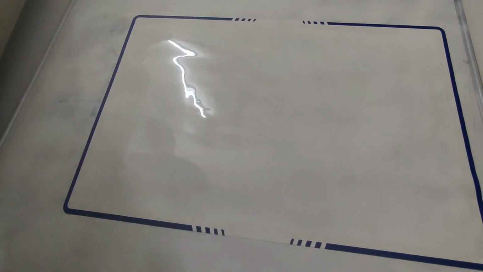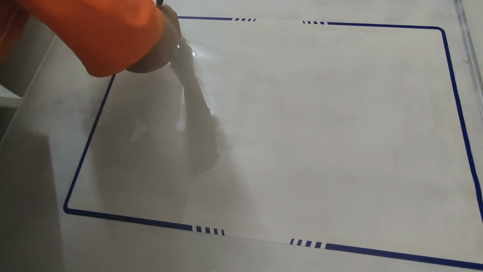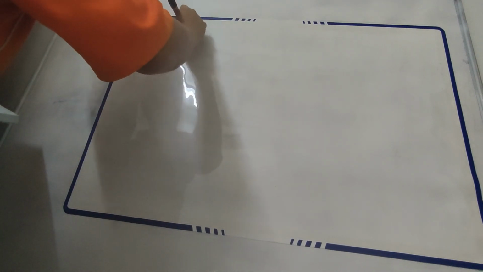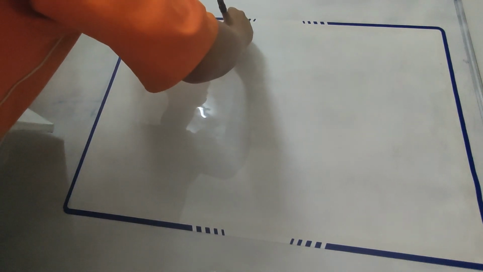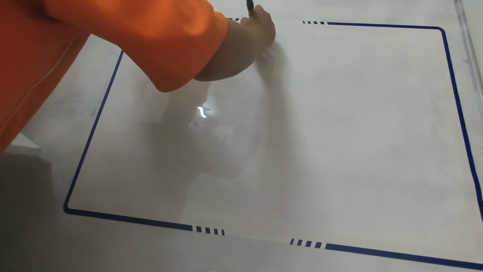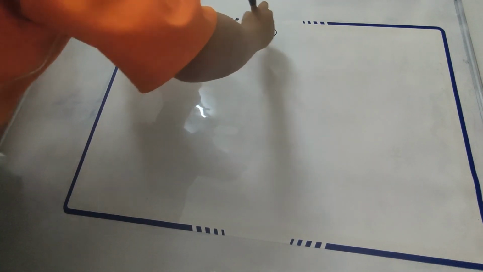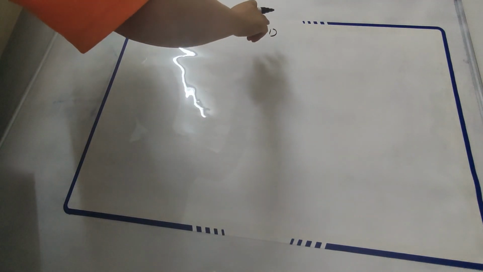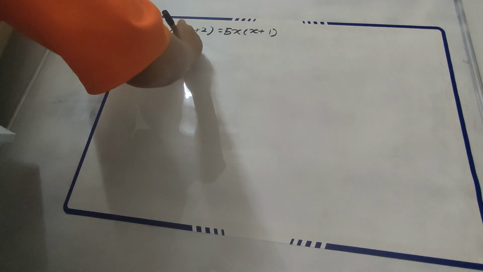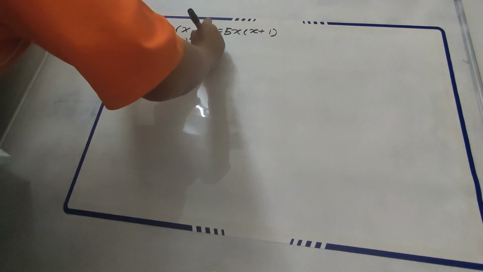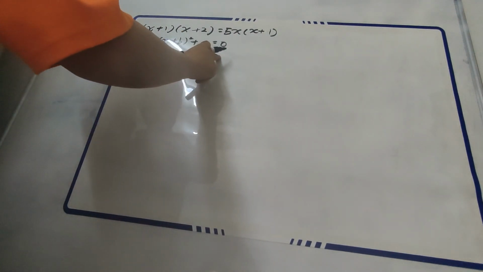Okay, for question number 4, you have this quadratic equation. The question asks you to express this quadratic equation in this form, which is part of completing the square.